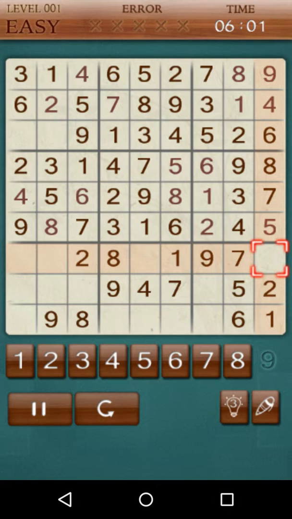Now considering this row, let me find the number of missing digits. 1, 2, 3, 4. There are 4 vacant cells. So let us find what are the missing digits. 1, 2, we need to write 3, 4, 5, 6.